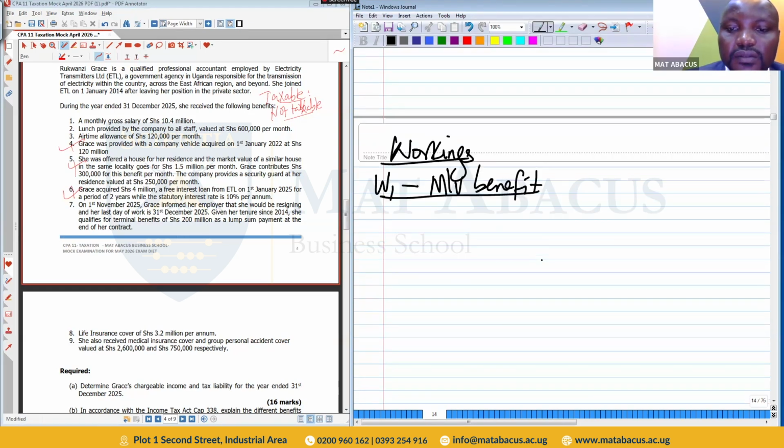To get the motor vehicle benefit, we determine the value of the vehicle. They are telling us that it was acquired on 1st January 2022.